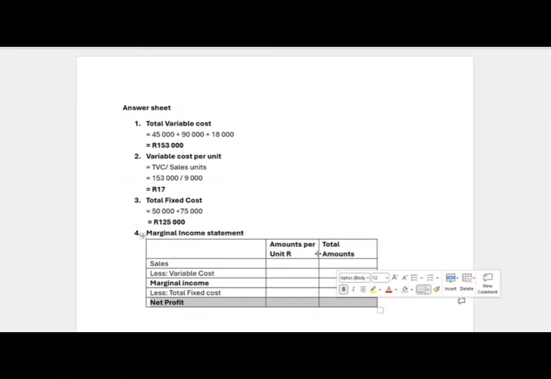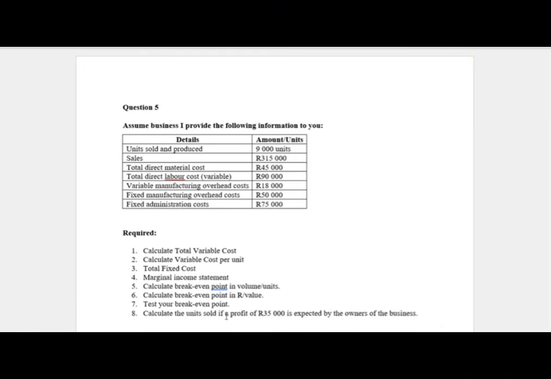All right, so now we need to calculate our sales, and then we have to calculate our variable costs and our marginal income. So let's go and calculate our sales first. When we read our question, they say our sales is given right there as 315,000.